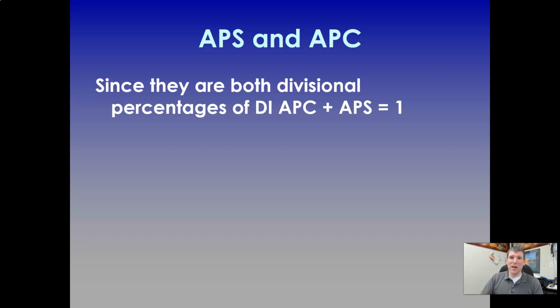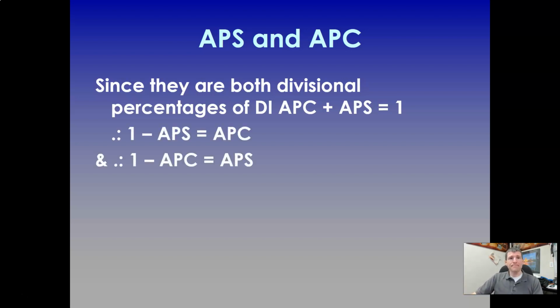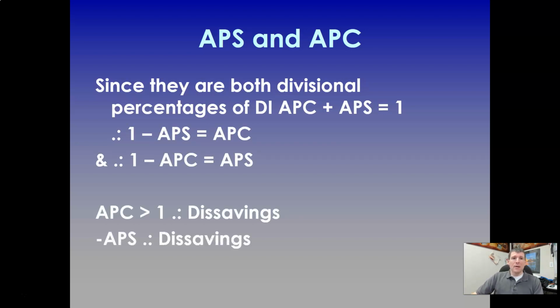So your APC would be 1.1, and your APS would be negative 0.1, because you're spending $10,000 over your $100,000 disposable income. So the two added together come back down to 1 again. So just remember that they got to equal 1.